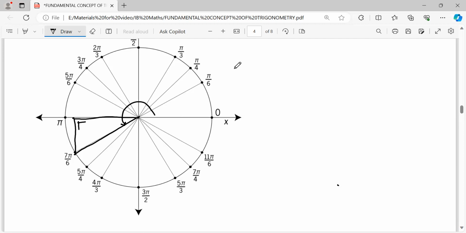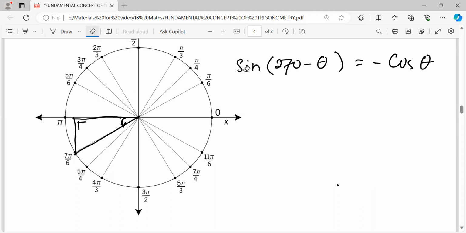We can determine them using this reference angle. I'm going to inform you that sine of 270 minus theta equals negative cosine theta. So we can determine sine 7 pi over 6 using this angle.